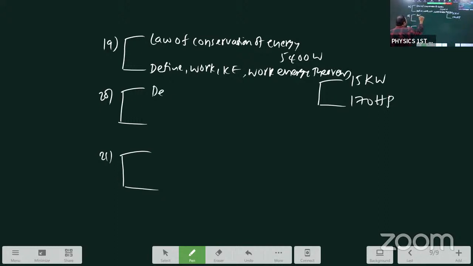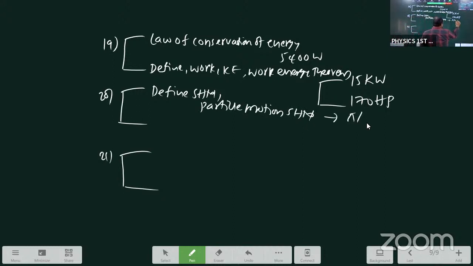Next, define SHM. Particle motion in SHM with respect to diameter. Fixed problem, phase angle 5/4 radians. Next, time period of simple pendulum, 2 pi under root of L/g.